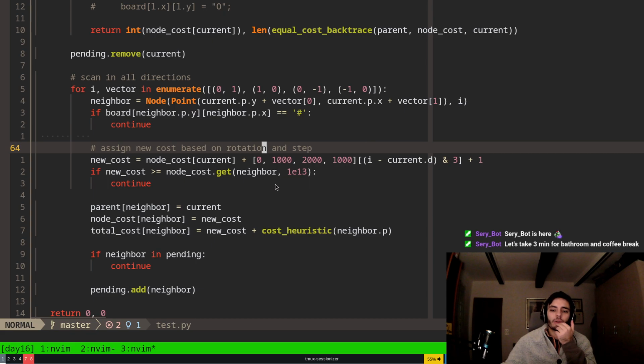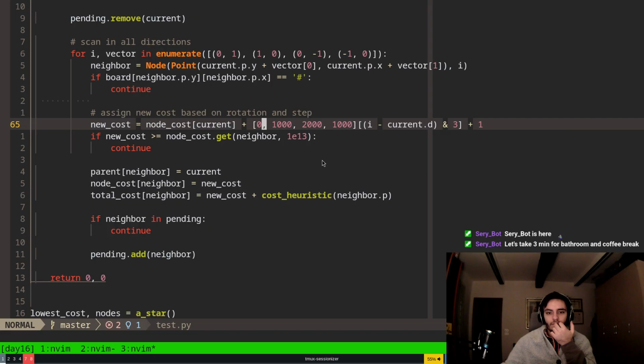Wait, how does this work? Why would I be able to... How does he know that he can rotate? I don't know quite how this works.